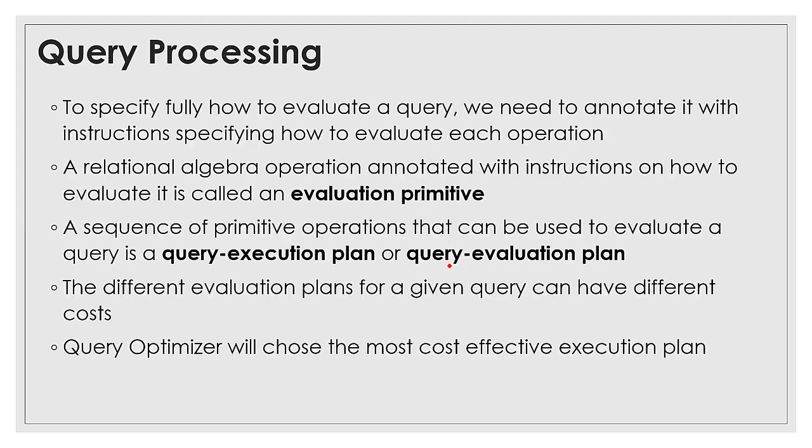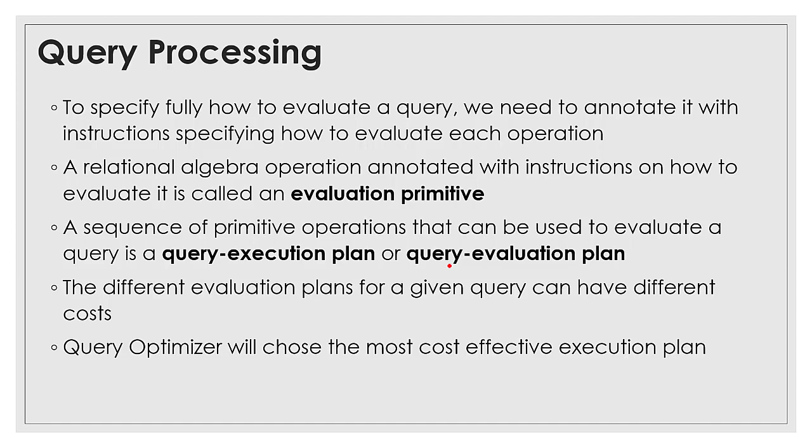Now the relational algebra is not enough to tell you how to evaluate the query. We need to annotate it with instructions specifying how to evaluate each operation. We are going to discuss this. A relational algebra operation annotated with instructions on how to evaluate it is called an evaluation primitive.